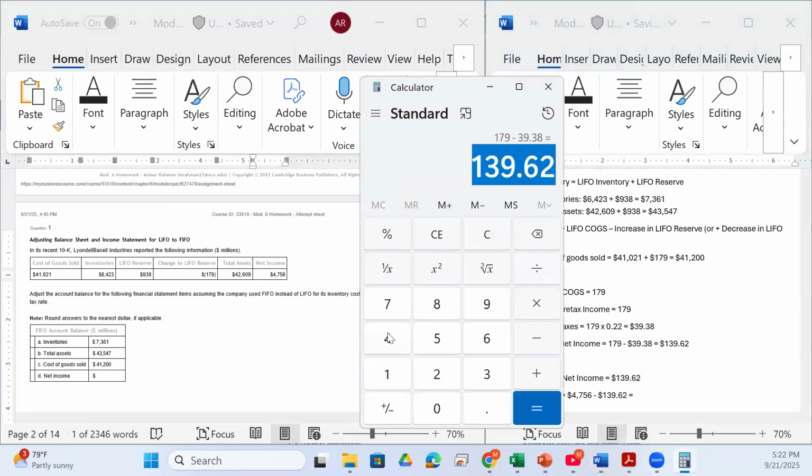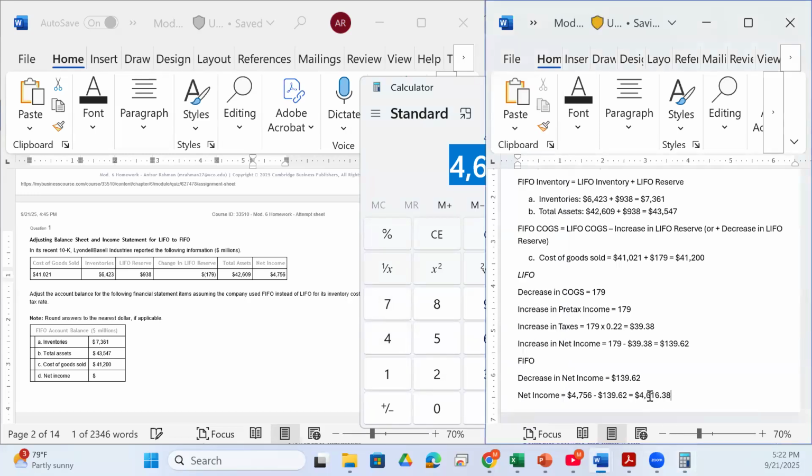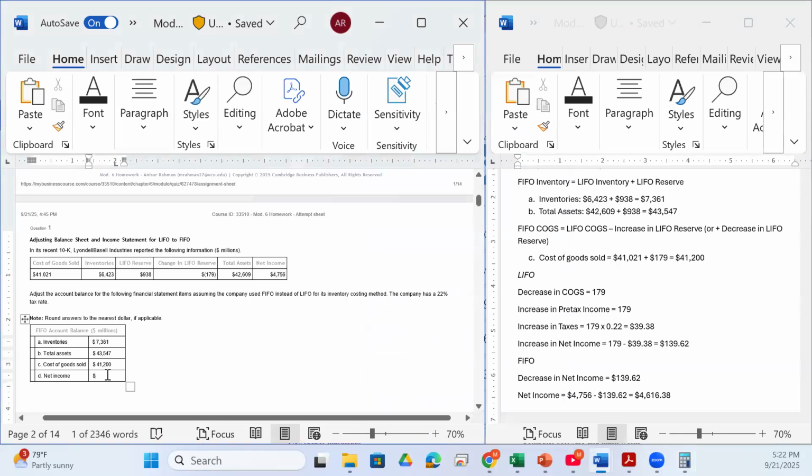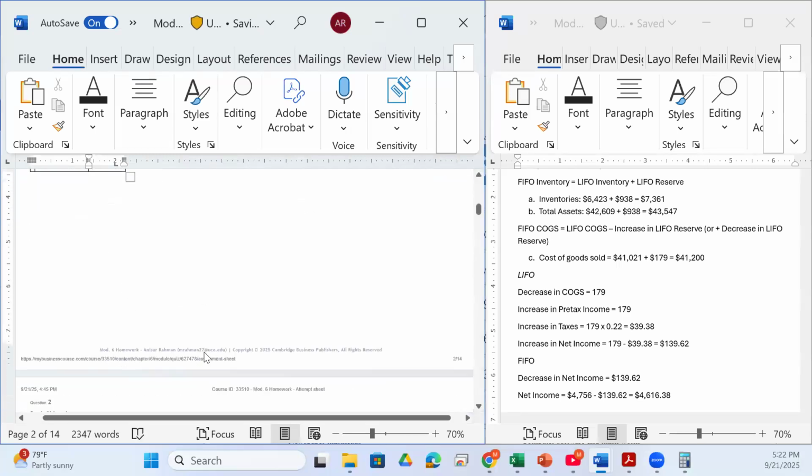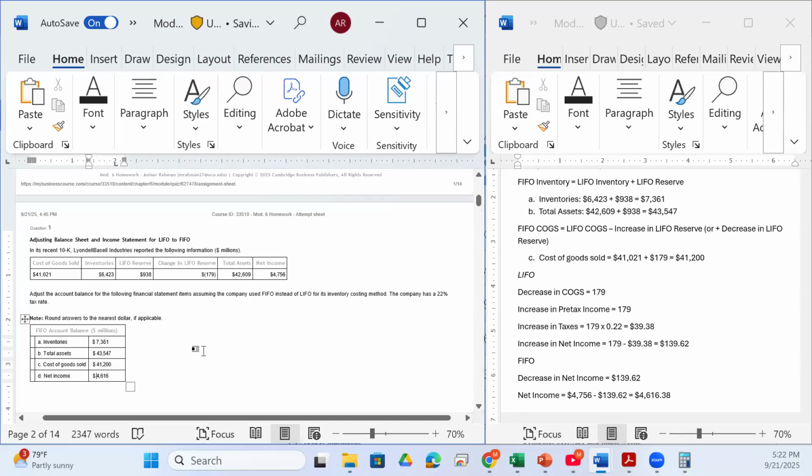So let's see how much we get. 4,756 minus 139.62 is $4,616.38. So round to the nearest dollar. So that was the end of question 1.